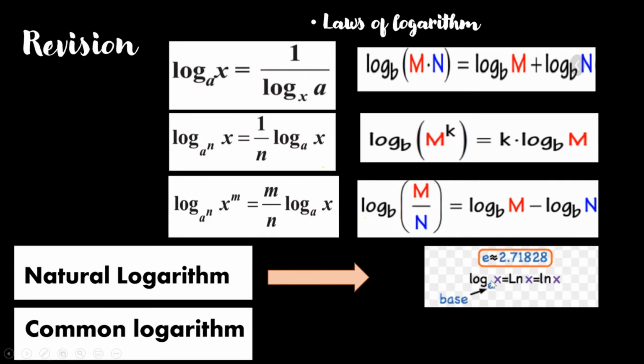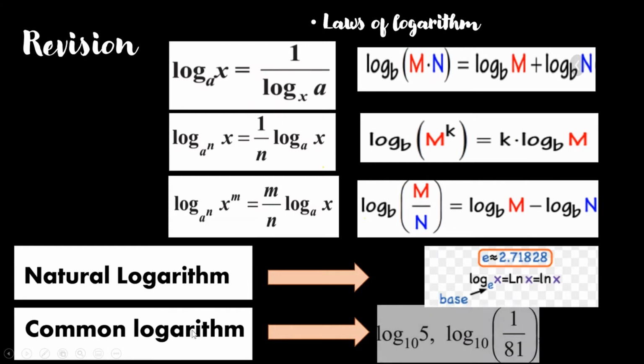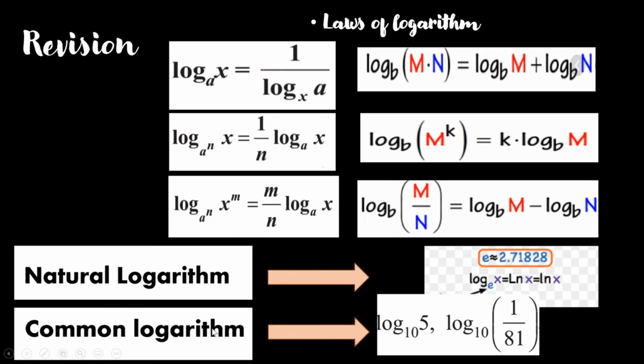So if the base is e, then we call it natural logarithm. We can also write log with base e as ln. Common logarithm, as I told before, is with base 10. Most calculators naturally give the value with base 10.